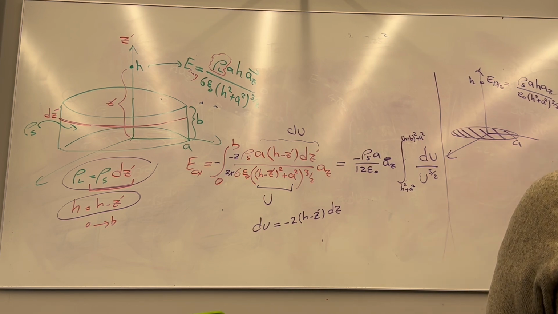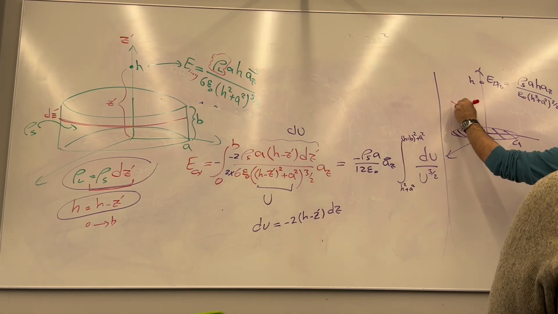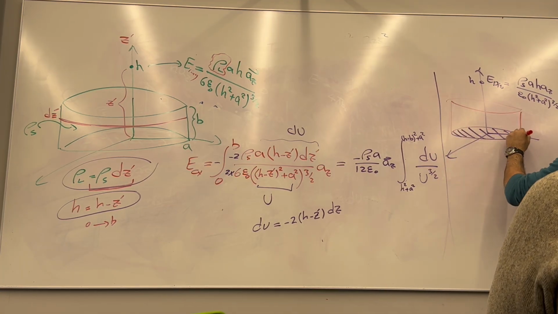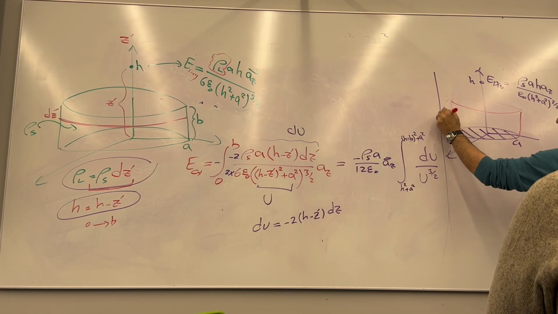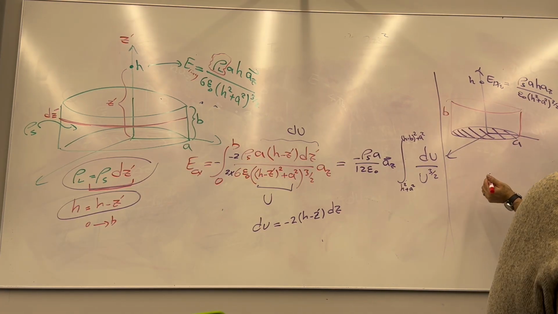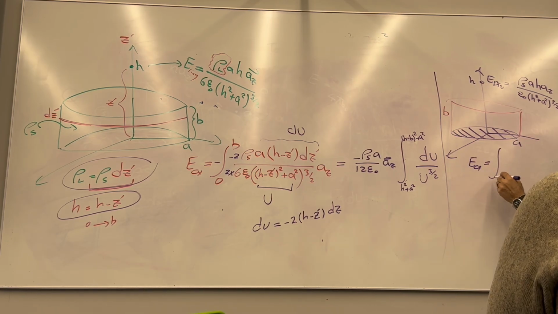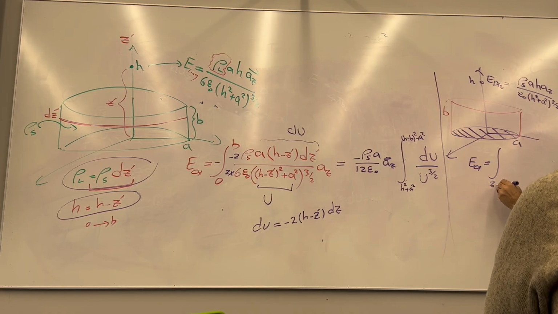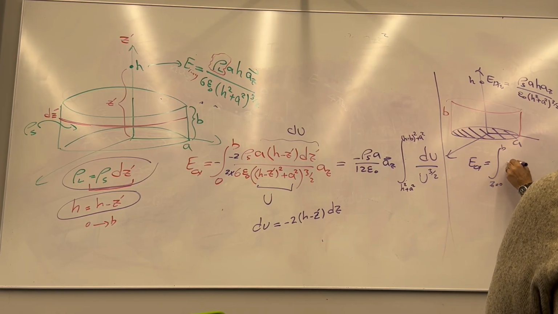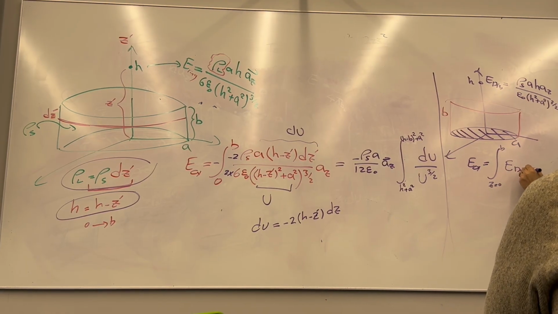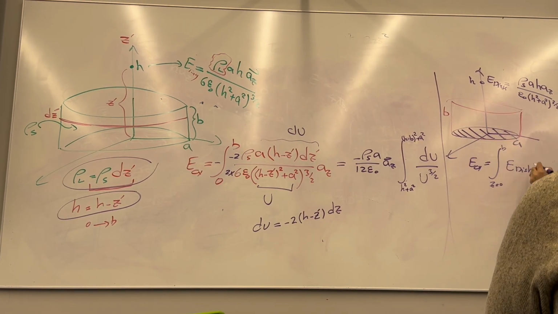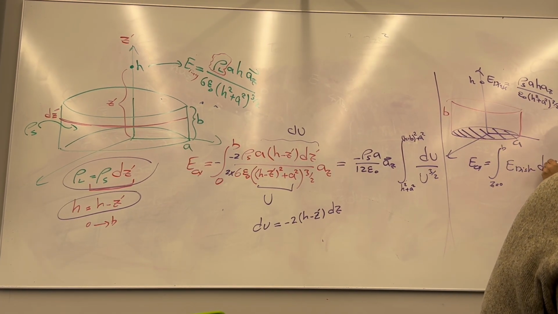Now I want to see the electric field of a volume cylinder whose height is B and radius is going to be the same. What's going to be the electric field there? The electric field of the cylinder equals the integral for z from 0 to b of this electric field in the z direction.